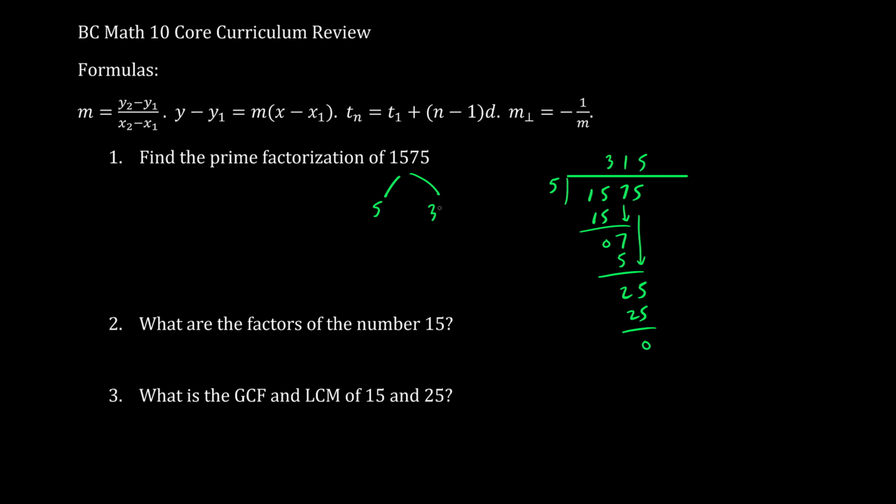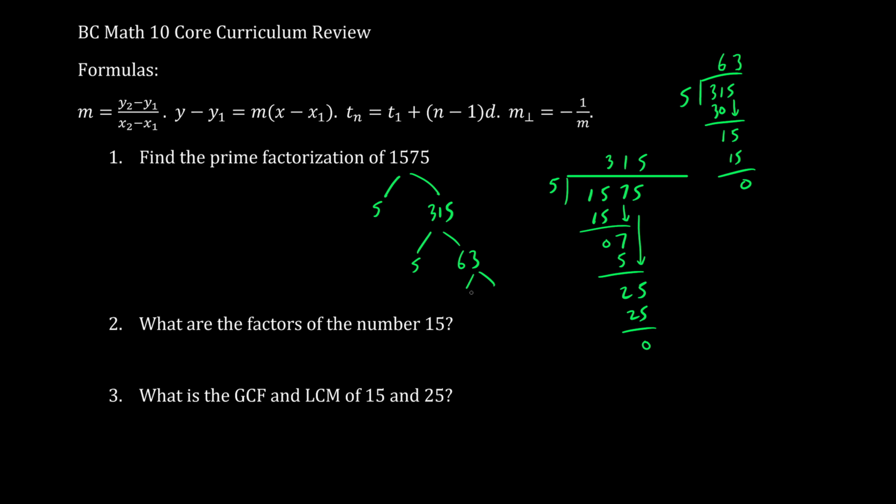So we can see that we're making progress here, and we can pull out another 5. What's 315 divided by 5? 5 times 5 is 25, so 5 times 6 is 30. We subtract, we have a 1 and a 5 here. So 5 times 3 is 15, and there's no remainder, so we have 63.